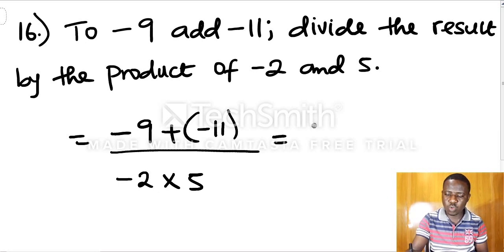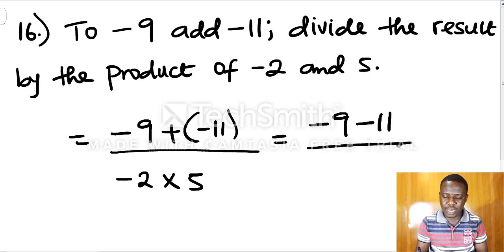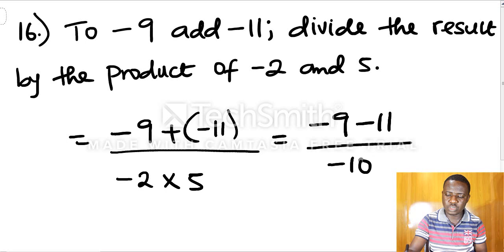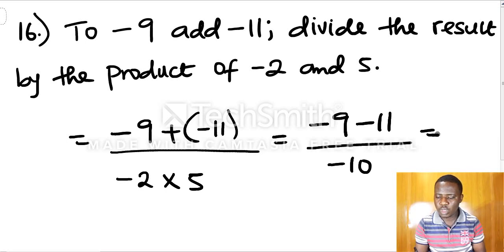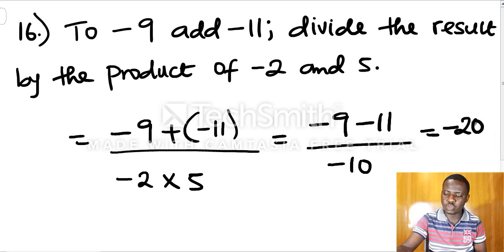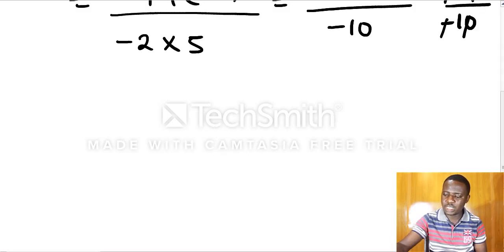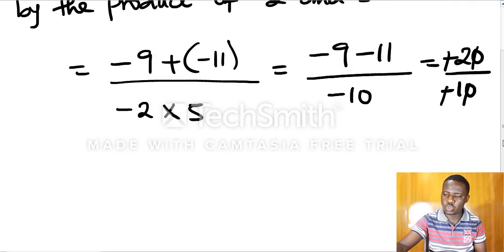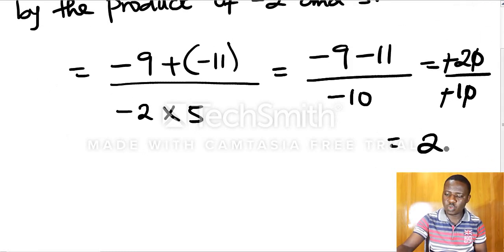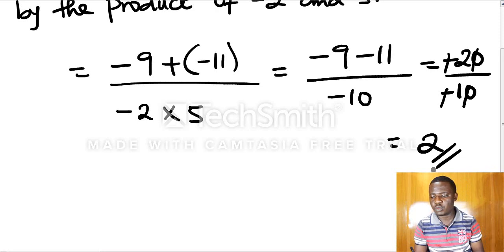Minus 2 times 5 becomes minus 10, and minus 9 minus 11 becomes minus 20, divided by minus 10. Minus divided by minus becomes positive, and 10 into 20 is 2. So our answer is positive 2.